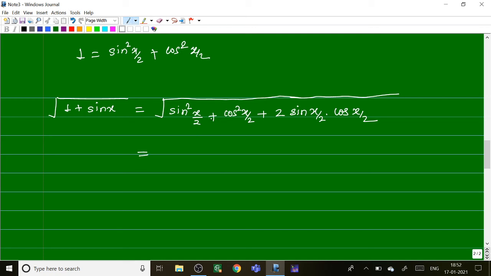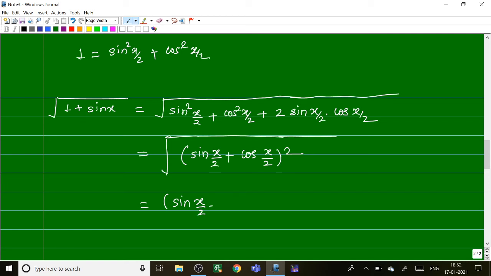Now if you observe this root, it's a complete square, a complete square of sine x by 2 plus cos x by 2. So the root goes with the square, and that gives you sine x by 2 plus cos x by 2.